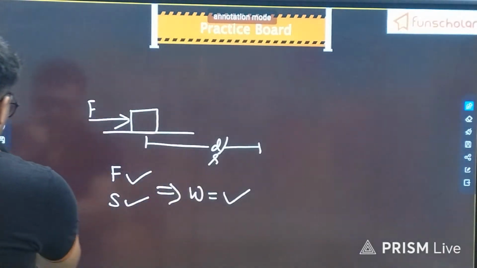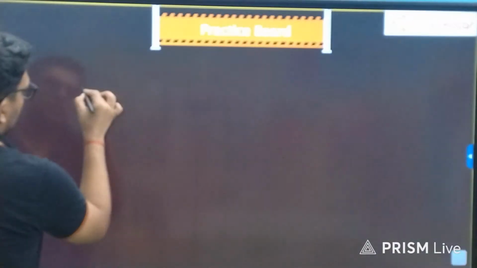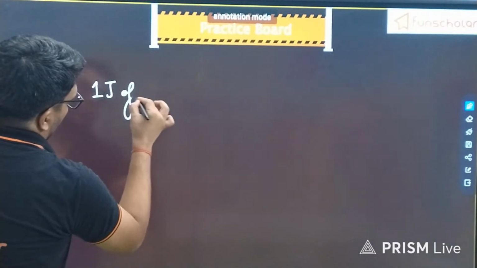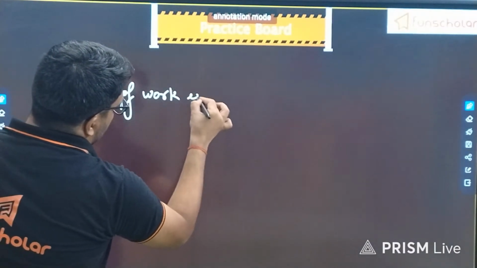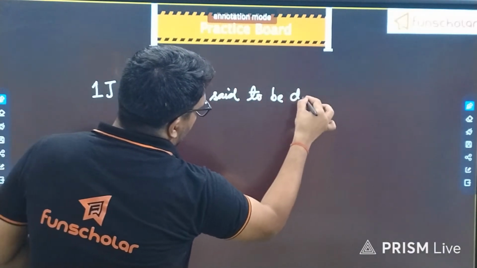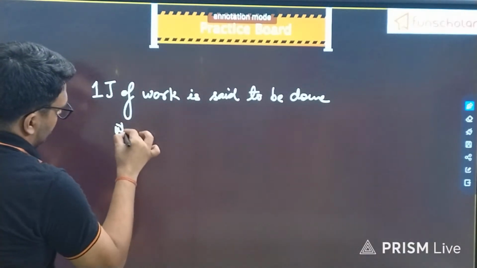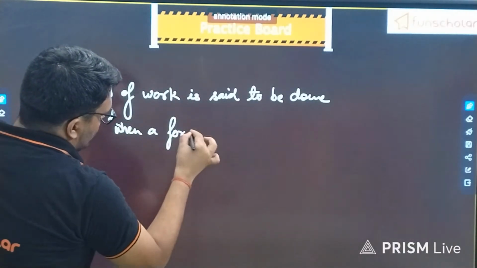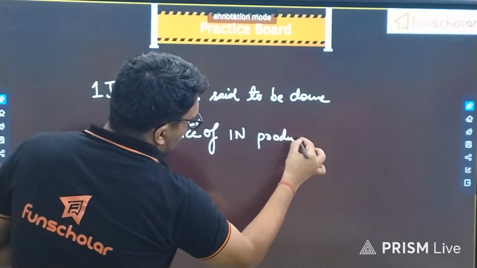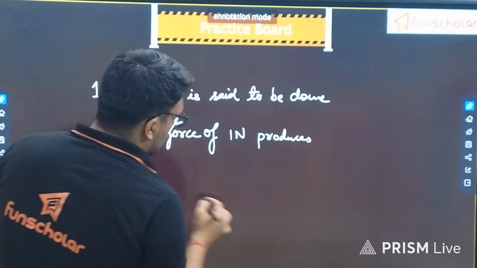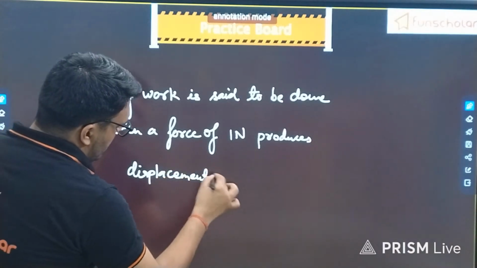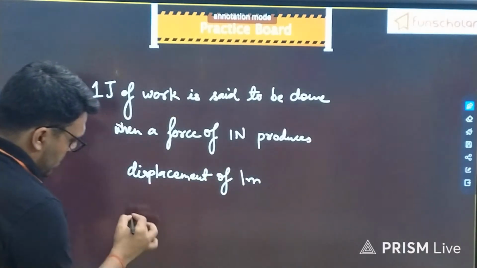Second most important thing, how do we define 1 joule of work? You can write it down as: 1 joule of work is said to be done when a force of 1 Newton produces a displacement of 1 meter.